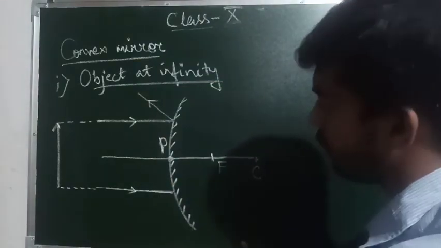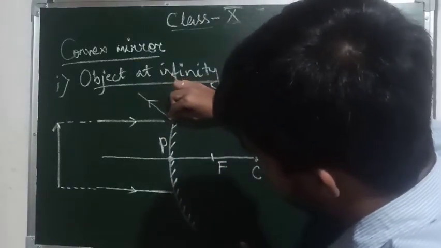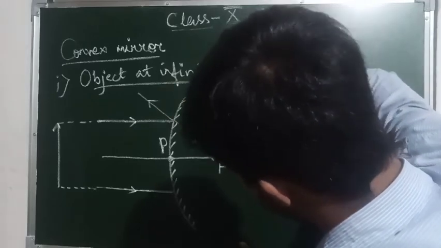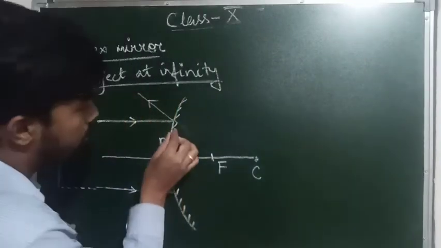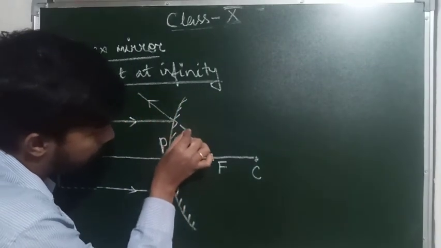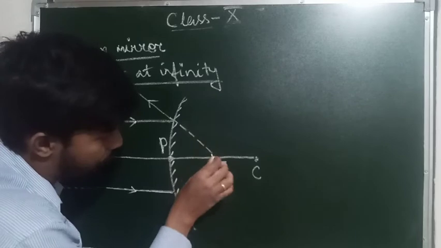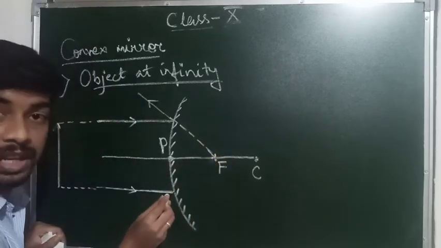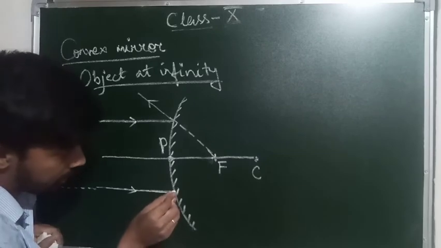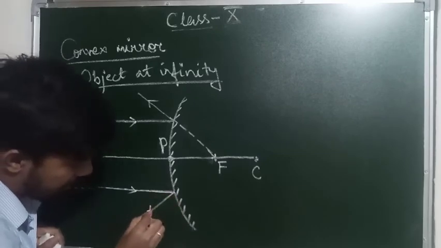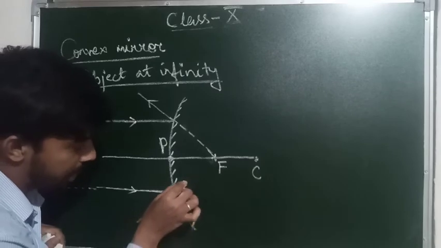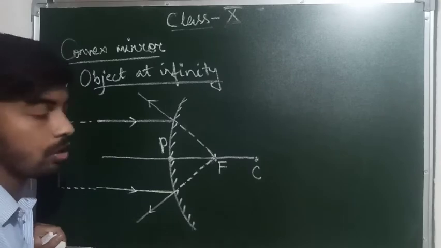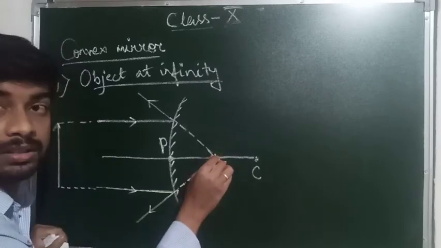Then we extend this line back, which should meet at focus. The same goes for the lower ray also. The ray gets reflected away like this, and the imaginary line meets at focus. So our image will be formed at this point.